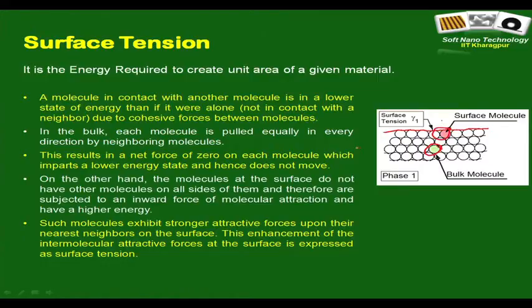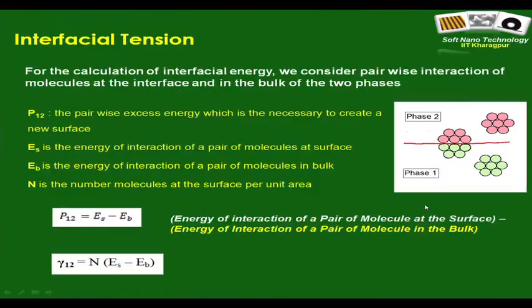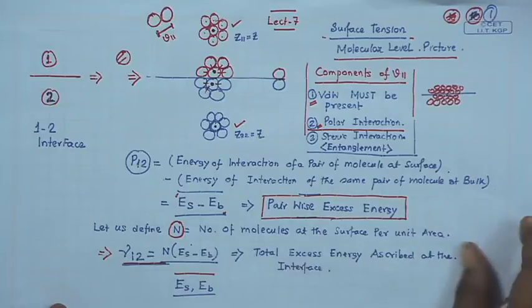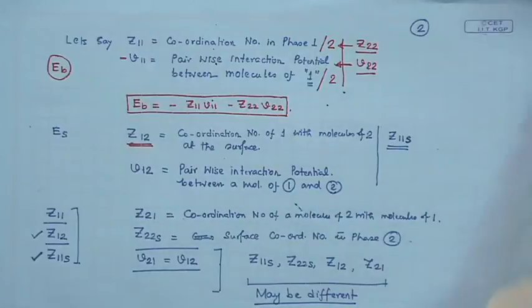Then we were considering the pairwise interaction between two molecules, between two phases, and the excess pairwise interaction energy while the molecules were at the surface versus at the bulk, and then we could correlate it to the surface tension considering the total number of molecules present at the surface.